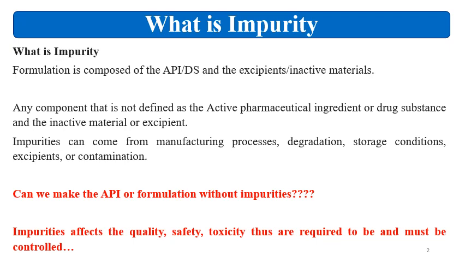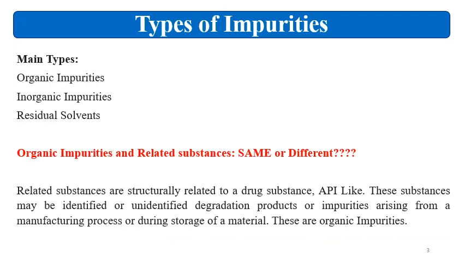The impurities affect the quality and safety, and have toxic effects also. Those are required to be controlled. So impurities are the main quality attribute of the formulation and the drug substance. Impurity is a critical quality attribute of the formulation.